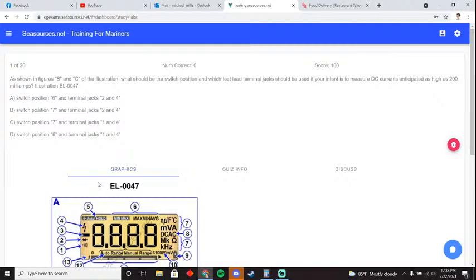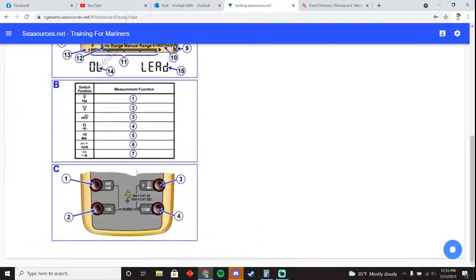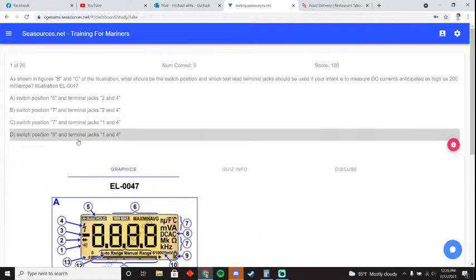So this one, I already know the answer. It is 1 and 4 and 6.